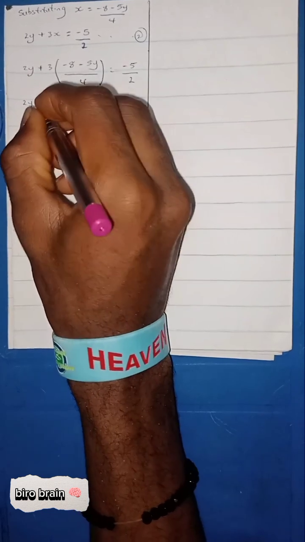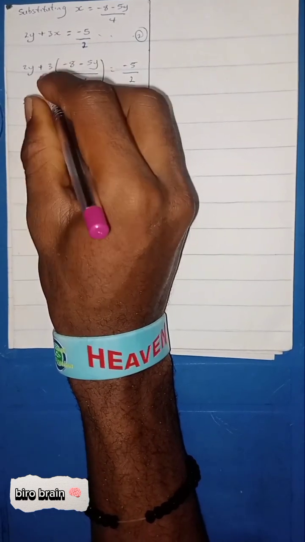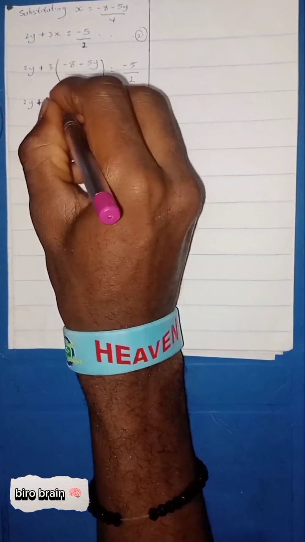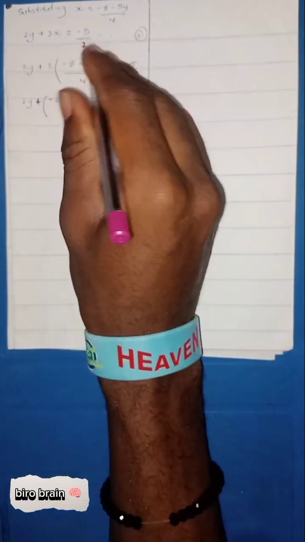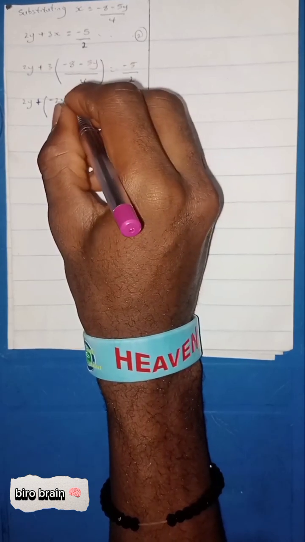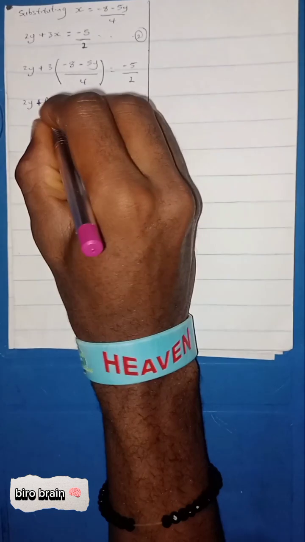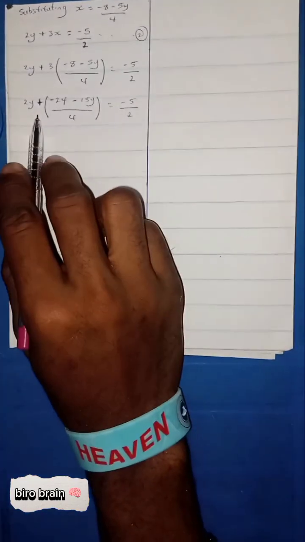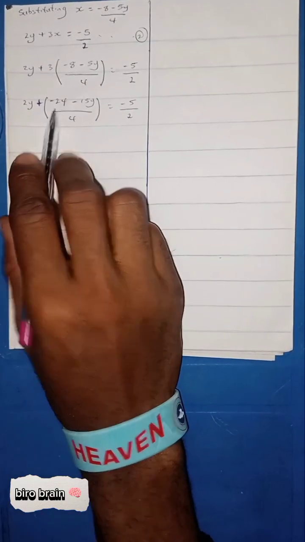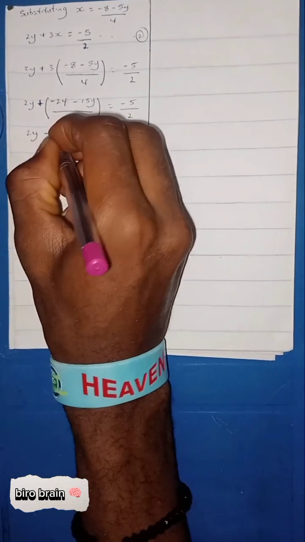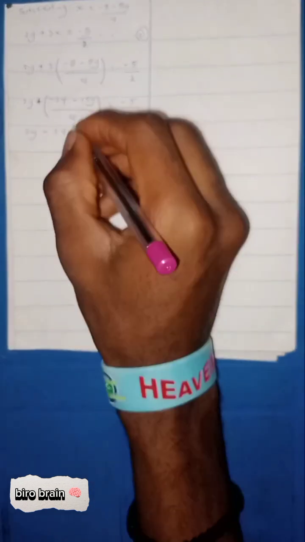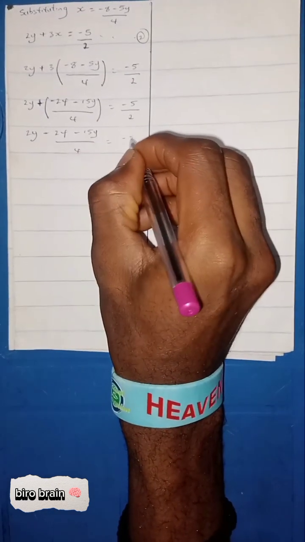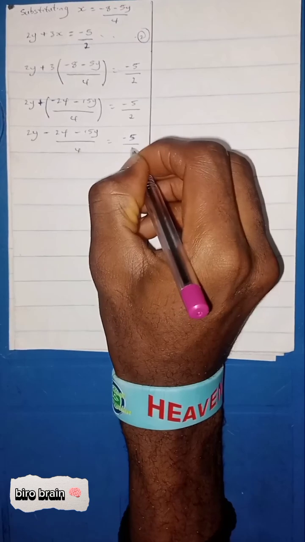We have plus 3 times 8, 3 times 8, that's minus 24. 3 times 5, that's minus 15y over 4 equals minus 5 over 2. Opening the bracket now, plus times minus is minus. So we have minus 24, plus times minus is minus 15y over 4 equals minus 5 over 2.